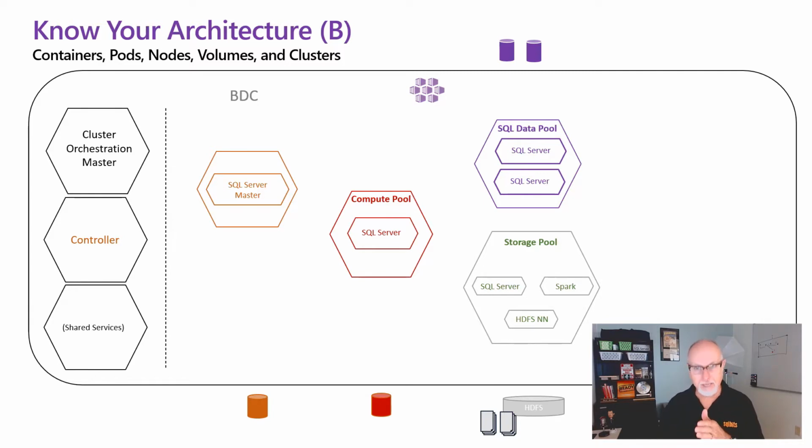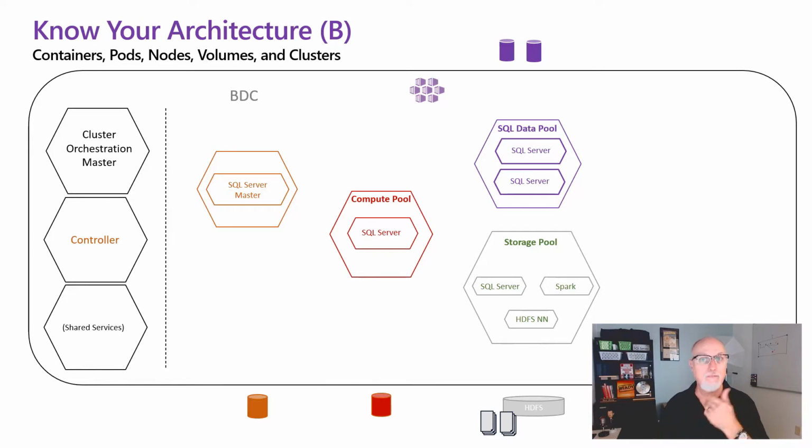The Spark system and the HDFS name node will have an endpoint you can talk directly to. So primarily, you'll talk to the SQL Server primary instance, the Spark, and the HDFS independently, along with some of these shared services like Grafana and Kibana. Those endpoints are well defined inside the documentation, and you'll see how to list those shortly.